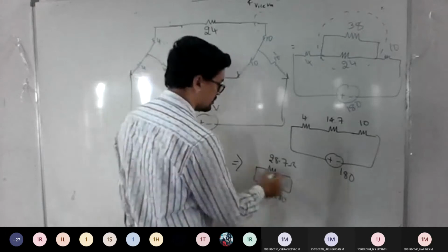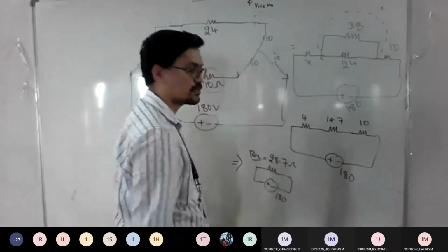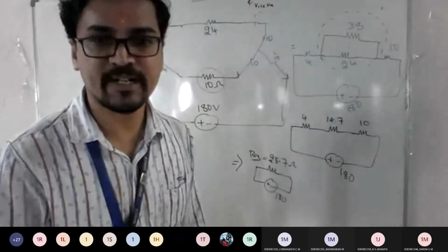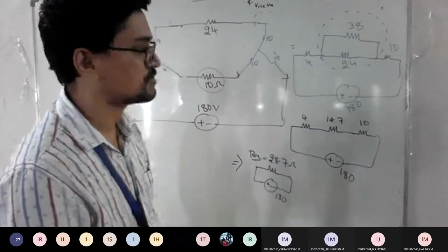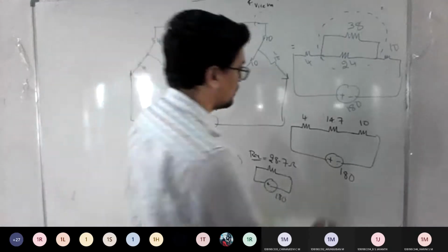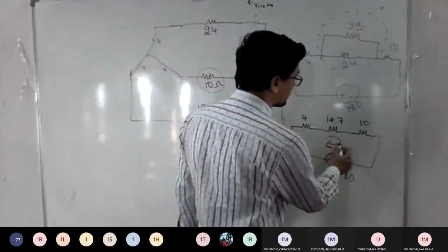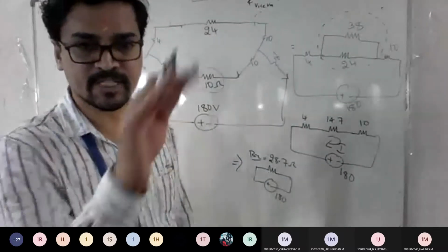So now what should you do? You have found R equivalent. But what is the question they asked you to find? Find the current across the 10 ohm resistor. So where is the 10 ohm now? 10 ohm resistor means what? Nothing but you can find this current. That is a mesh current, right?